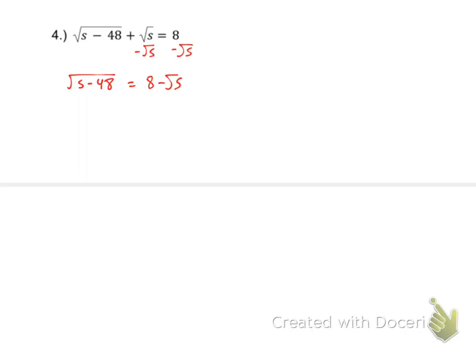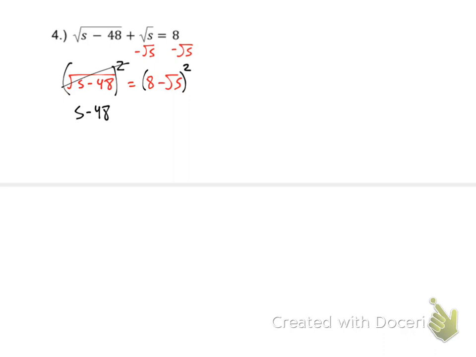So how do I get rid of a square root? Square. Well, this is kind of nice. If I square a square root, those will cancel, yes? So this is s minus 48. That's great. But guess what on the right-hand side here? This thing is a binomial, which means when I square it, I really have to FOIL it.